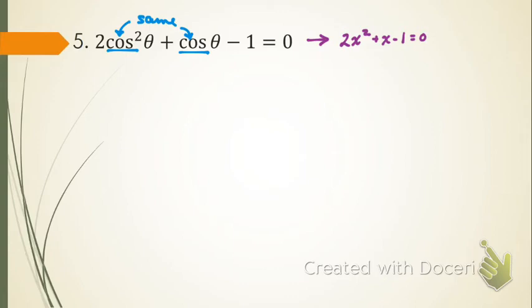What would you do with this quadratic right here? Factor it. I need two numbers that multiply to give me what? -2, but add to +1.